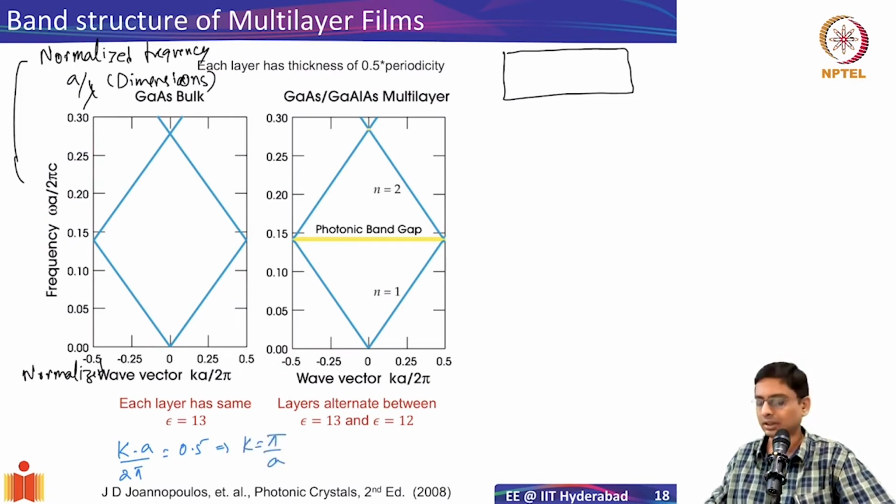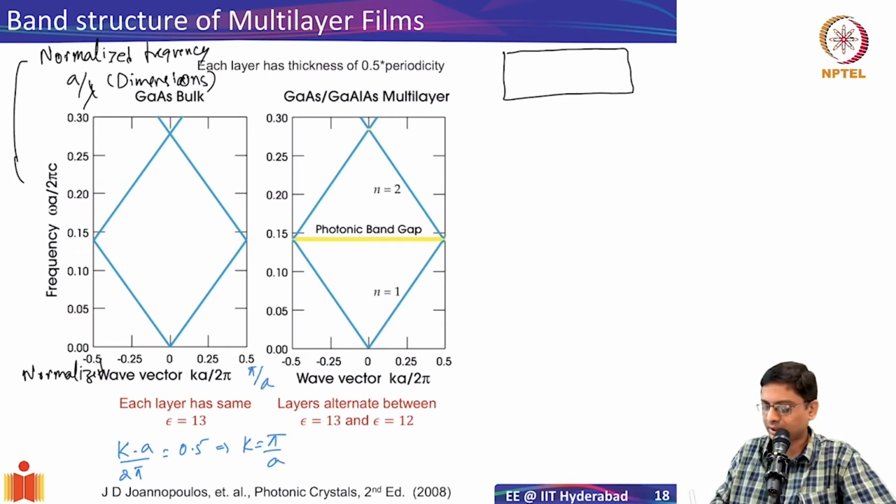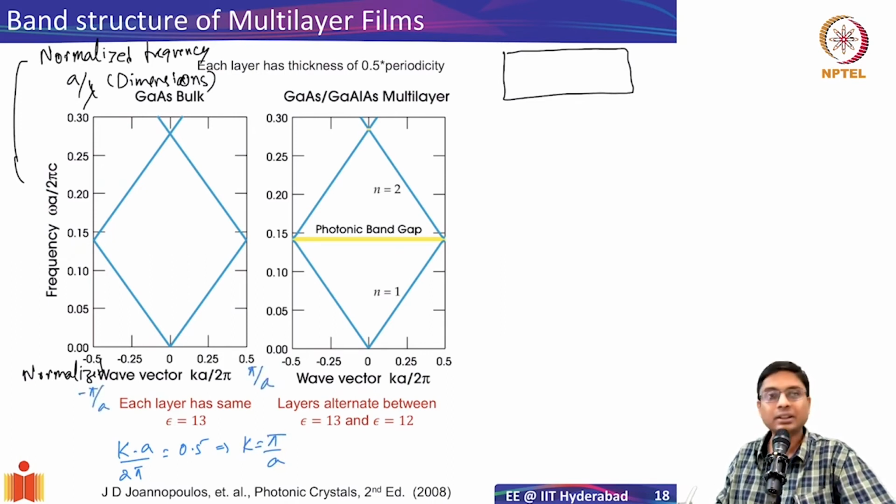That's it. So this is my pi by a that I talked about, and this is my minus pi by a. So these are the extremes. In those extremes, that's why the bands are bending back, and you see this.